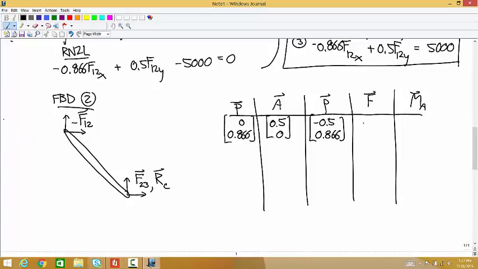The force vector is negative F12x, negative F12y. And the moment is 0.5 F12y plus 0.866 F12x.